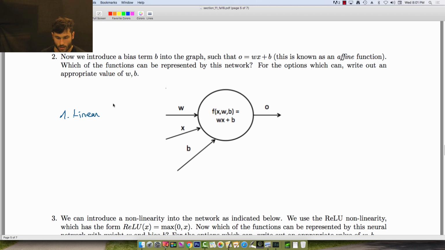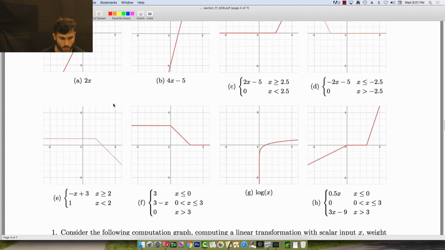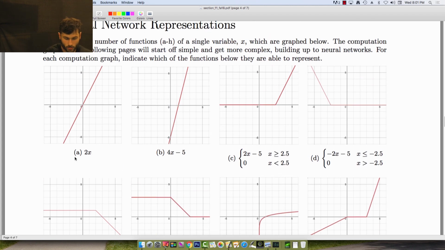In such a case, we can represent graph A again, with B equals 0 and the weight equal to 2, and in this case B equals minus 5, and W equals 4.